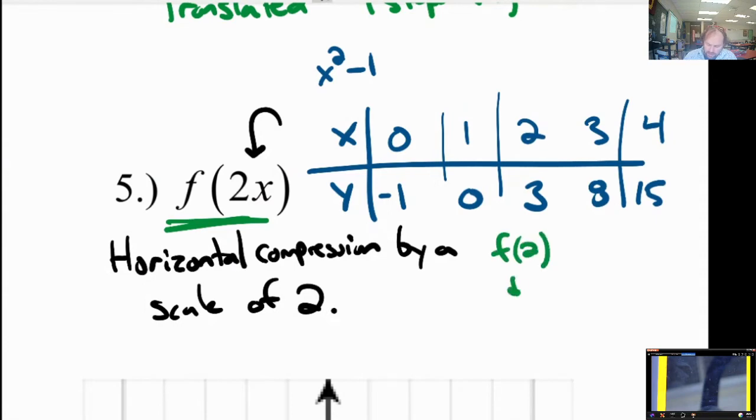Well, I'm going to multiply 2 by 2 and make f of 4, which is 15. So at x equals 2, you actually get the y value from when x is 4. So it causes all of these points to shrink and push in towards the y-axis. Maybe I'm doing a good job of explaining this. Maybe I'm not. I feel like I'm talking too much. So I'm going to move to the next question. Horizontal compression is what's going on there.